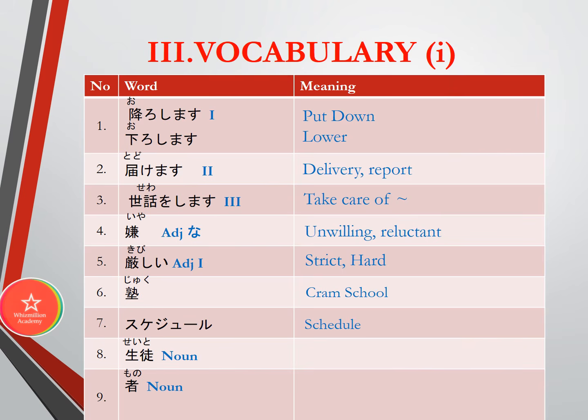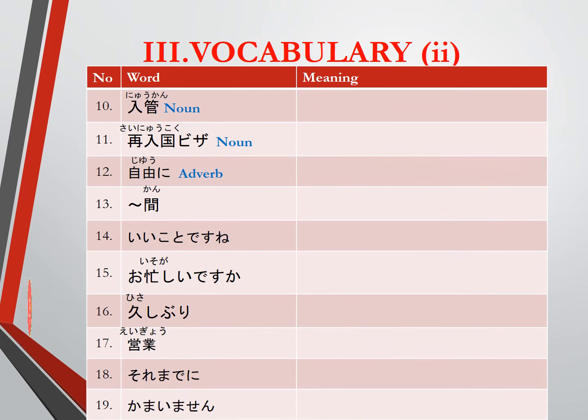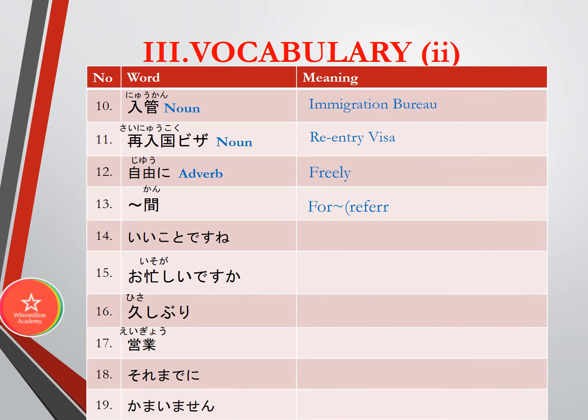スケジュール, schedule. 生徒, pupil. もの, person, referring to one's relatives or subordinates. 入管, immigration bureau. 再入国ビザ, re-entry visa. 自由に, freely. 間, referring to a duration. いいことですね, that's good. 忙しいですか, are you busy, talking to someone senior or older?